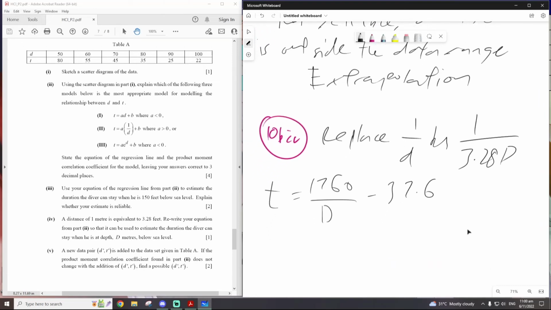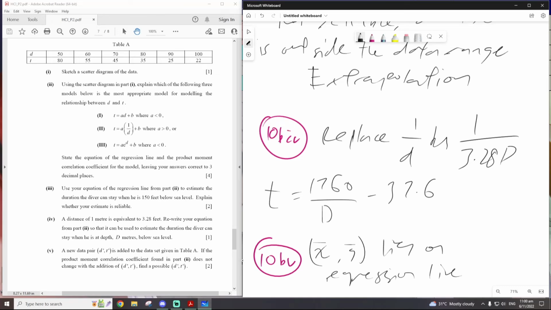A new data pair is added to the set given in table A. The product moment correlation coefficient does not change. Find the possible D, T. For this, we know that the point x bar, y bar must lie on the regression line.